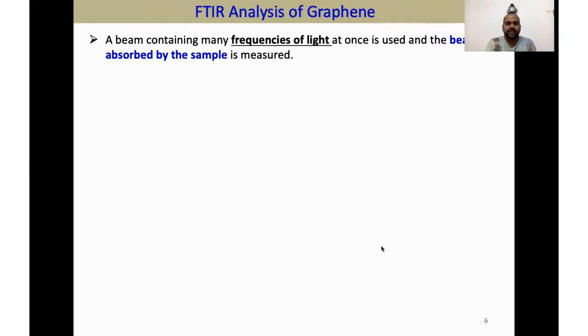You can select the absorption data, the transmission data, or the reflection data, and based on that data we can get very clear-cut information.